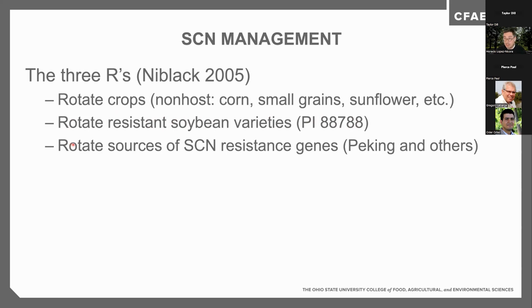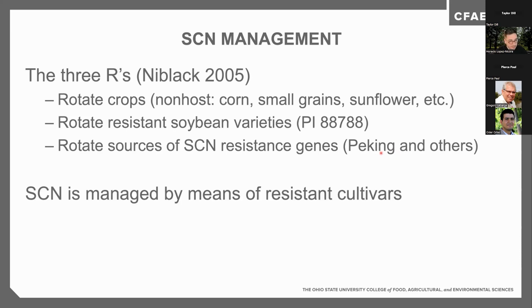The third rotate is to rotate sources of resistance. I just mentioned that PI 88788 is the most common one, but there are others. Peking, for example. So find varieties with a different source of resistance and rotate those sources of resistance.